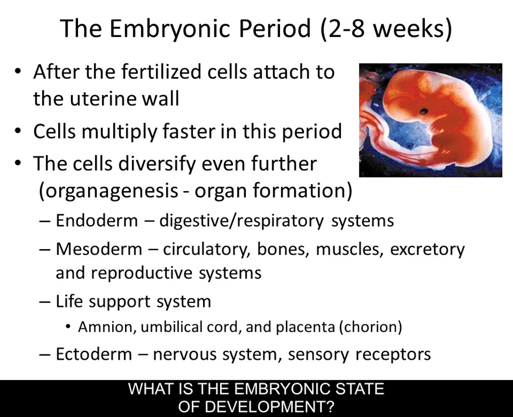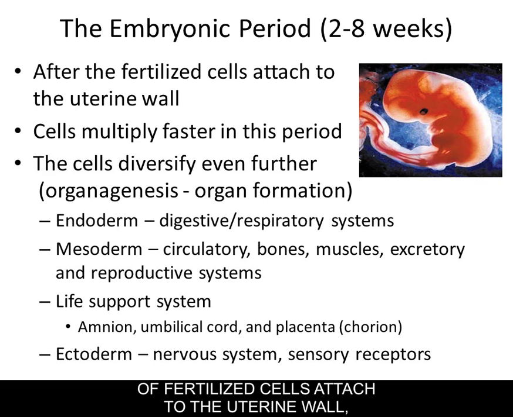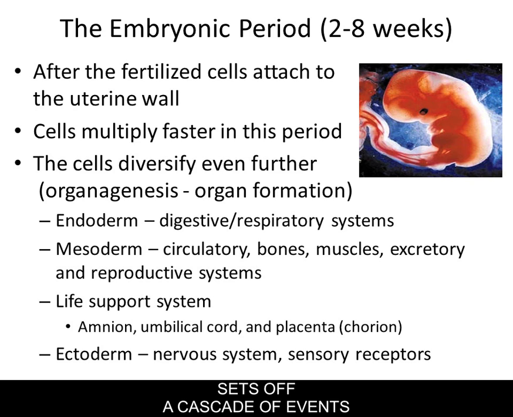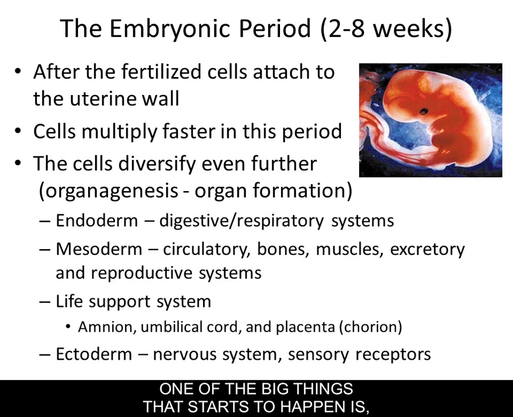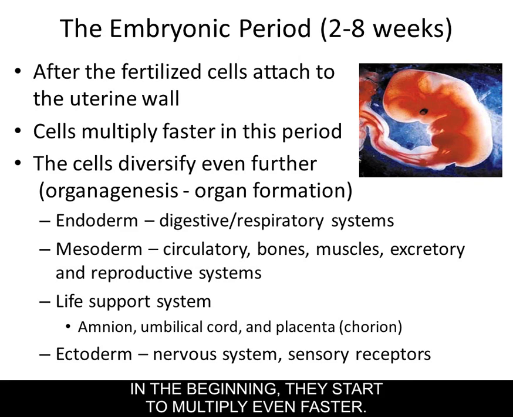What is the embryonic stage of development? Well, once that fertilized cell, or I guess collection of fertilized cells, attaches to the uterine wall, this attachment sets off a cascade of events in the developmental process. One of the big things that starts to happen is, even though these original cells are multiplying very quickly in the beginning, they start to multiply even faster.